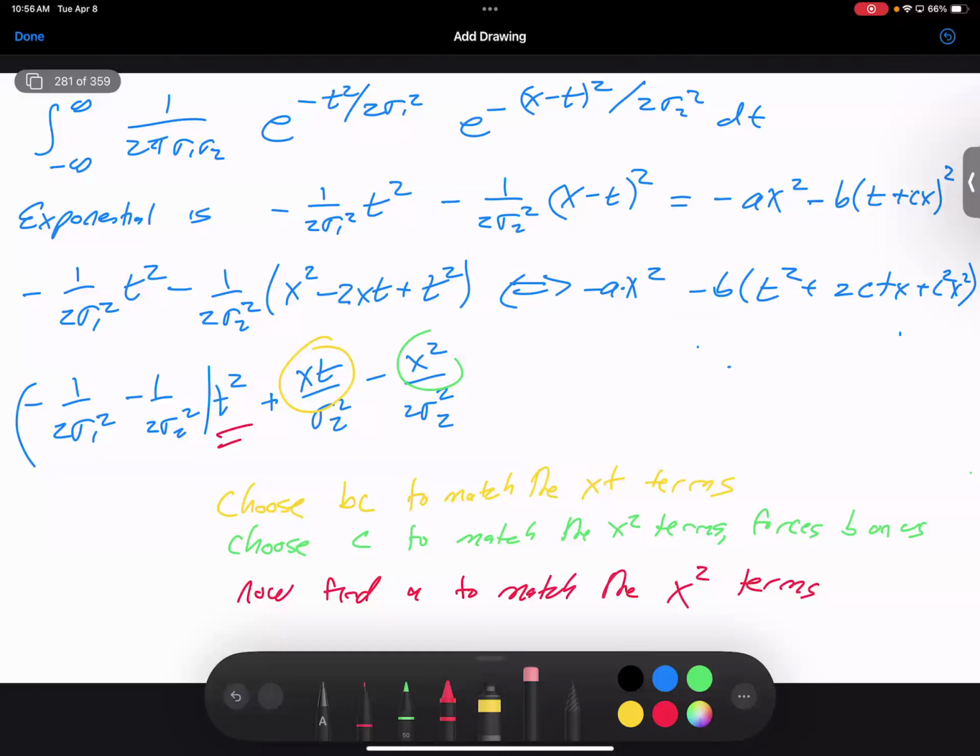Okay, so now how am I going to get an x squared term? I'm going to have a minus a, or I could have a minus bc squared, right? How can I get an xt term? That's going to be a minus bc 2xt, and then I have a minus b t squared.